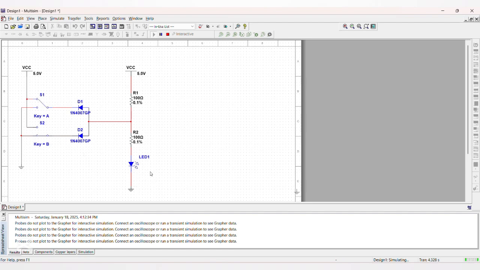When either of the inputs is 0, the output is still 0. Only when both of the inputs are 1, the output is 1. Our circuit obeyed the AND gate truth table. Hurrah!